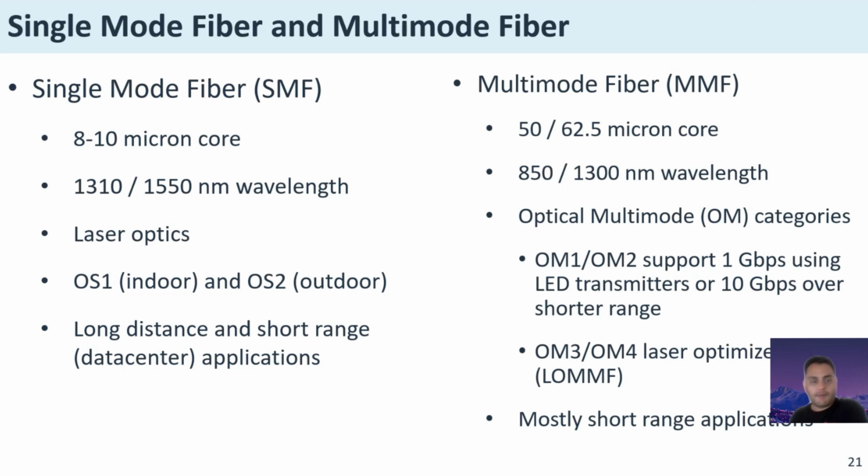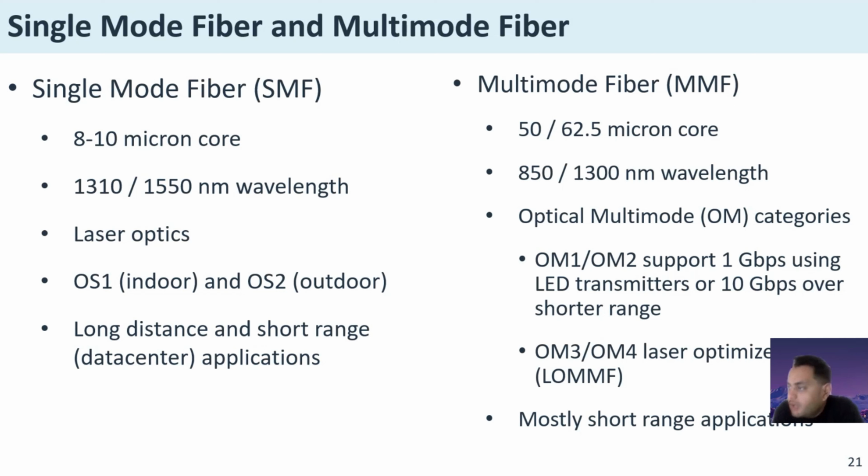Then we have single mode fiber, which has a small core, 8 to 10 microns, as you can see here, and a wavelength of 1310 to 1550 nanometers. With laser optics, it's usually used for OS1 indoor or OS2 outdoor, long distance and short range data center applications. And then we have multi-mode fiber, 50 and 62.5 micron core, like we just discussed, 850 to 1300 nanometer wavelength.